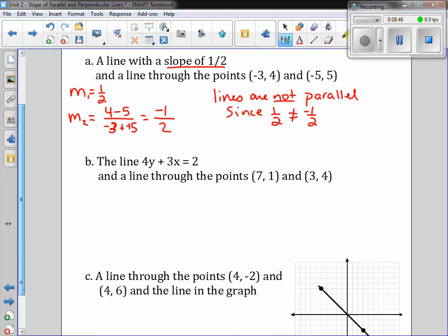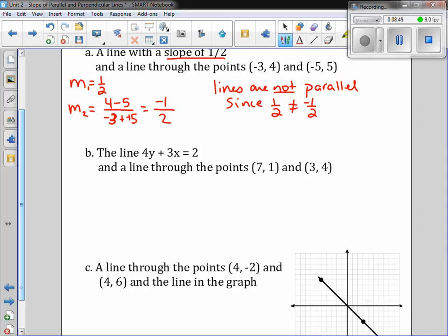Our second one uses the line of 4y plus 3x equals 2 and a line through 2 points. So we first want to find the slope for the line 4y plus 3x equals 2. So line 1, 4y plus 3x equals 2.